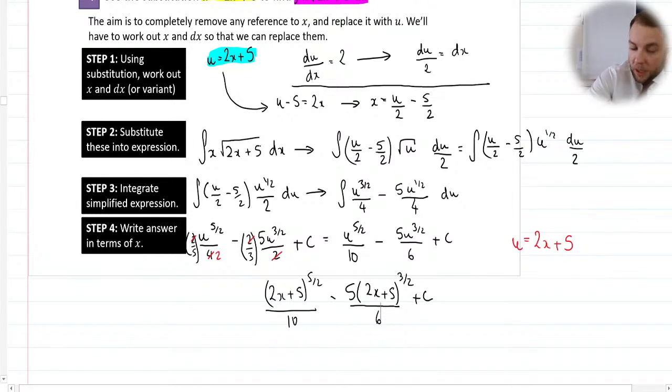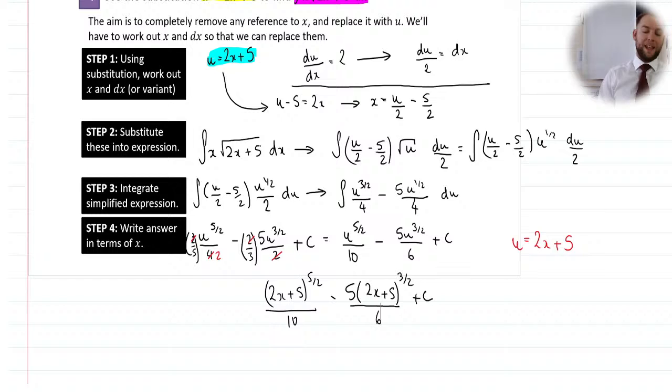All right. So there's our first question on substitution. Now, it seems tricky at this stage, but to be honest, I actually think this is the easiest option for integration. And when you do a lot of integration questions, this technique becomes a lot simpler. So just to summarize, they don't always give you the substitution. Sometimes you need to work that out, but I'll talk about that in a second.